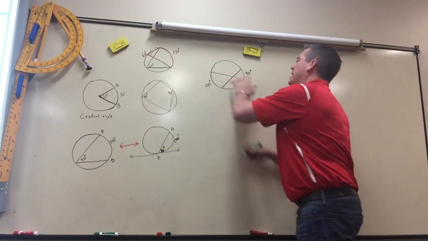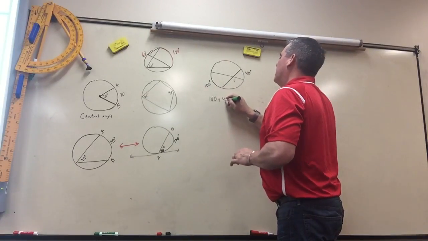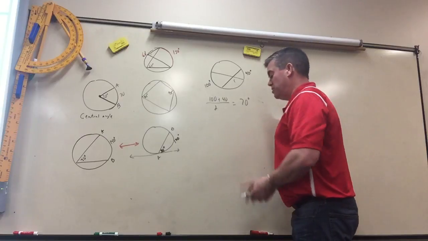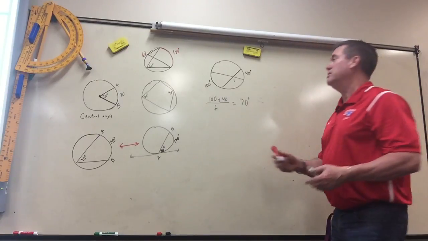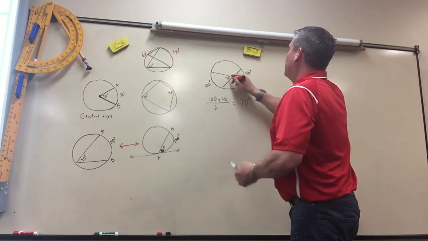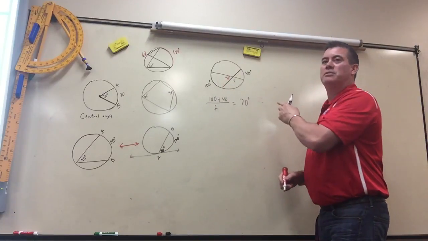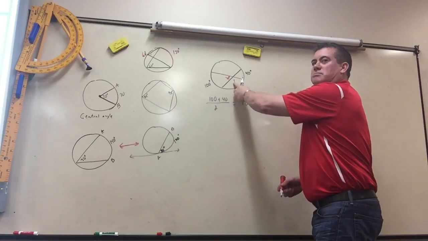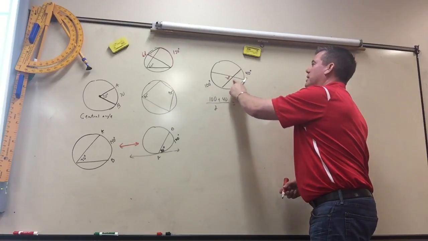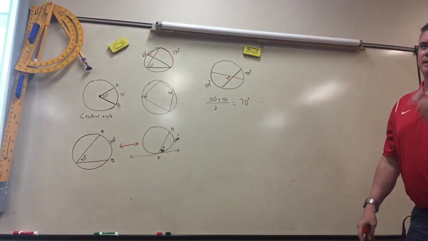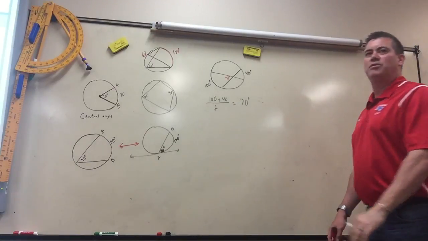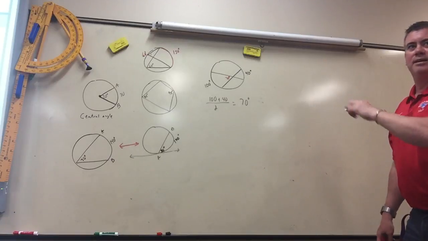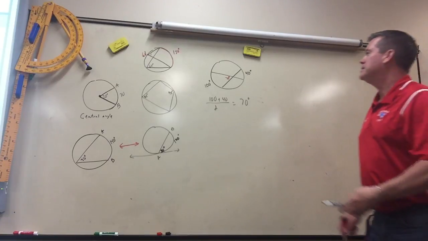If the angle's inside, you add them up and divide by 2, 70. But here's where this one problem a lot of you got wrong. They weren't looking for that angle, they were looking for that one. Okay. So it'd be 110. There was just one of them in there like that, and like I said, I think one person got it right, the rest of you didn't quite catch it. When we do the test next week, there is one like that on there, but you'll see it on the review.